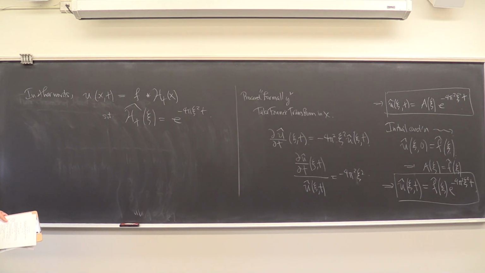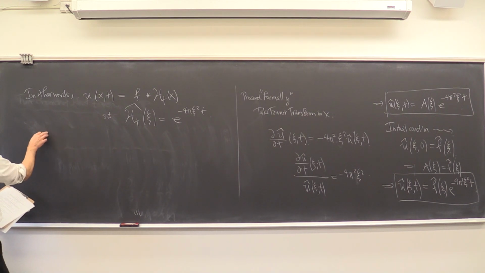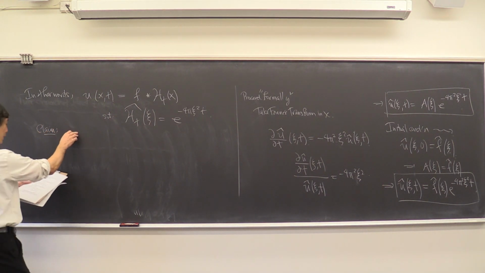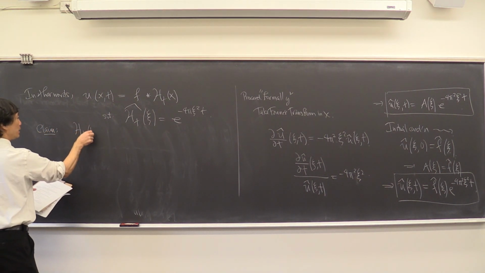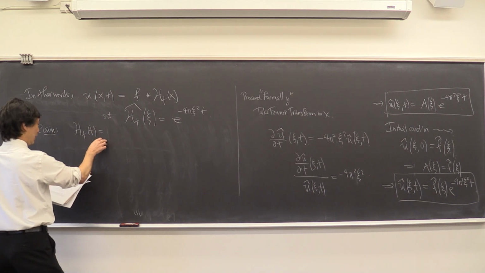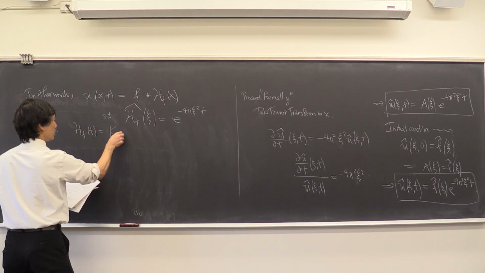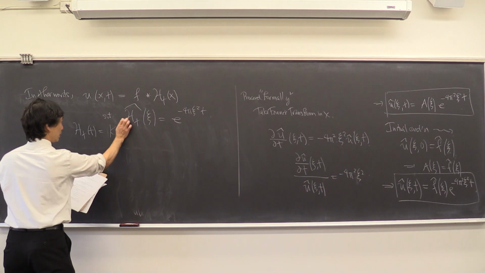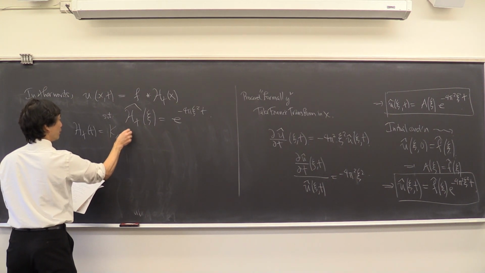So a little bit of consideration. Claim: h sub t of x is actually going to be the dilated Gaussian, the Gaussian dilated by 4 pi t.